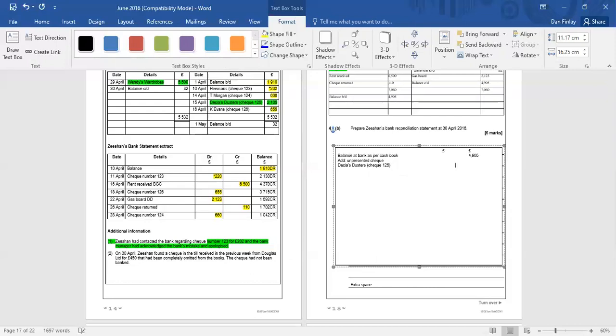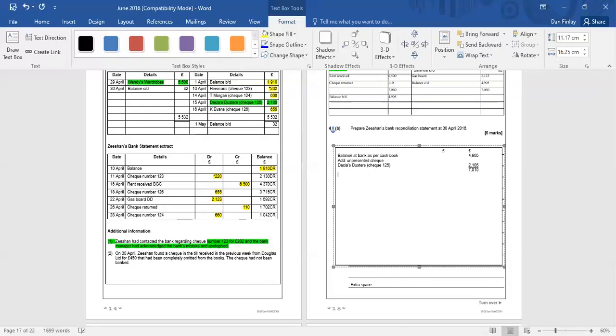There's only one, so I can put it in this column straight away. 2,105. Then we total that up and get 7,010, I think it is. That's right. So there we go. I've totaled it.